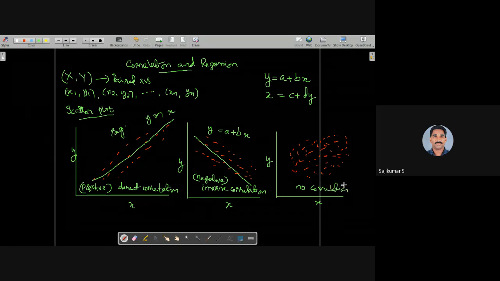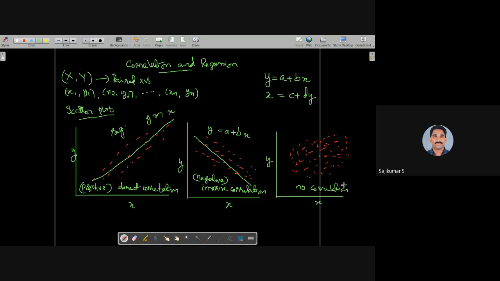So in the first part of our module 3, we will study how to construct these two equations, y is equal to a plus bx or x is equal to c plus dy. They are called regression lines. We have two options: you can predict y in terms of x or predict x in terms of y.